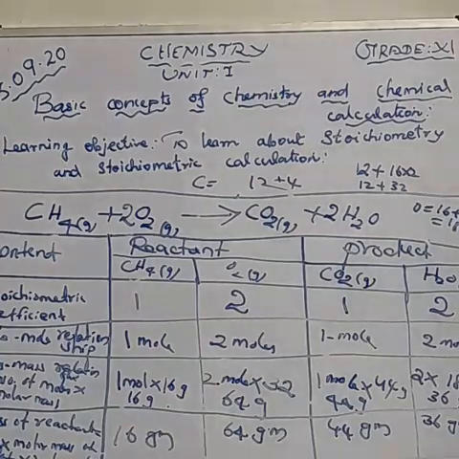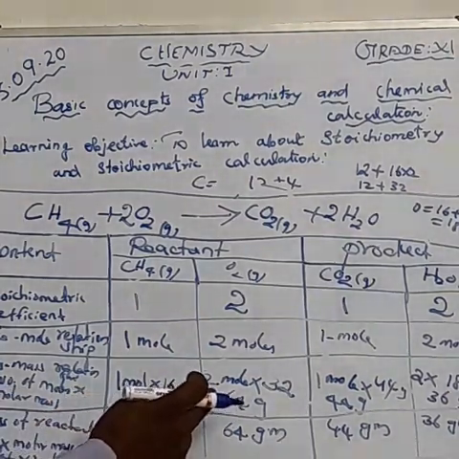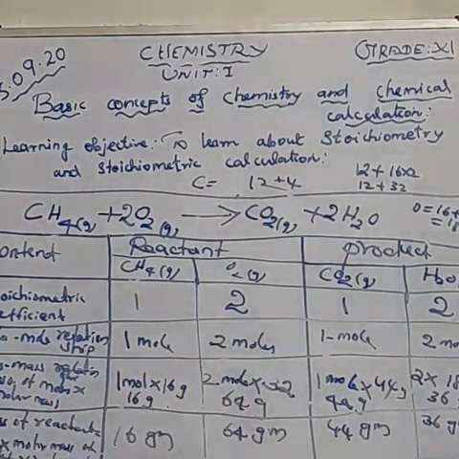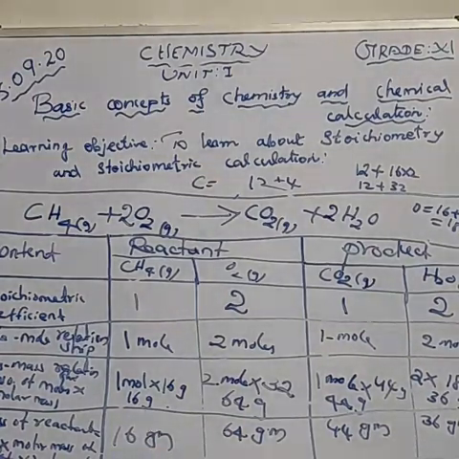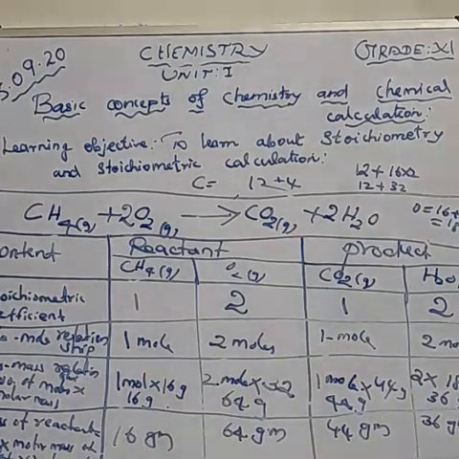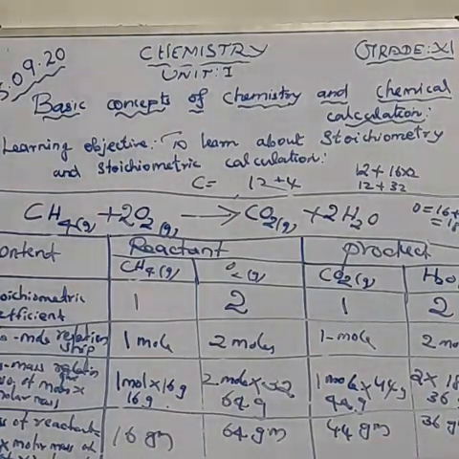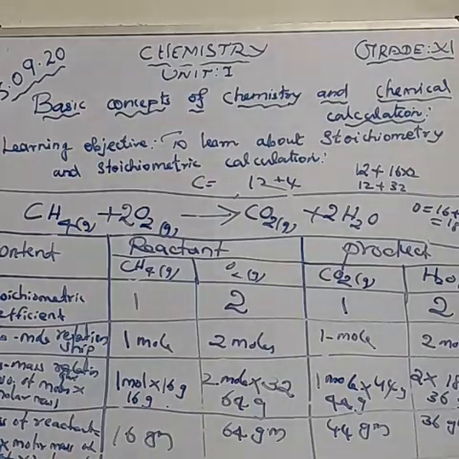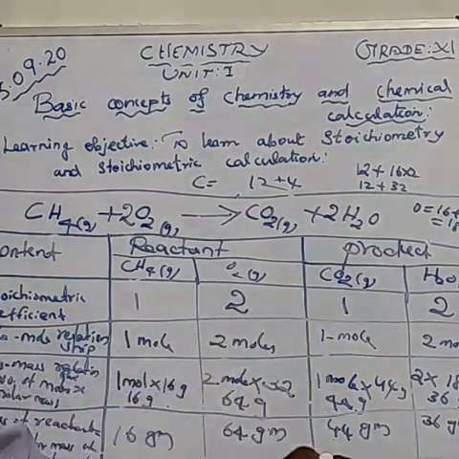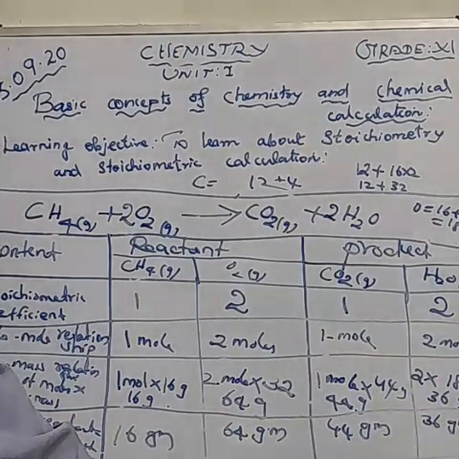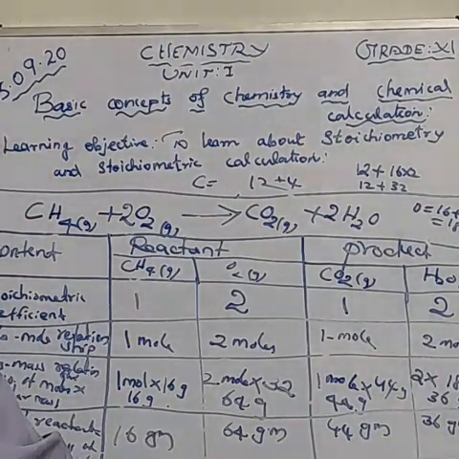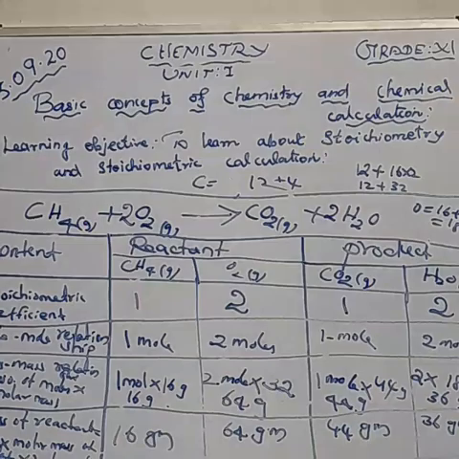Next one. Here the number of moles is 2, am I right? So 2 into 22.4 liters. What is the answer? 44.8 liters. Then the next one: number of moles is 1, so 1 into 22.4 liters is equal to 22.4.